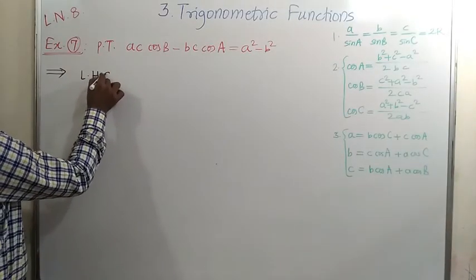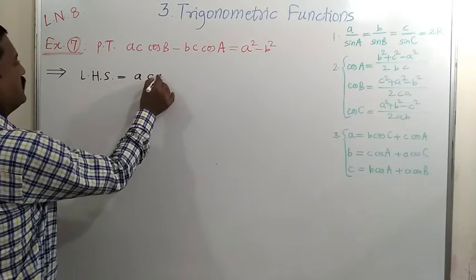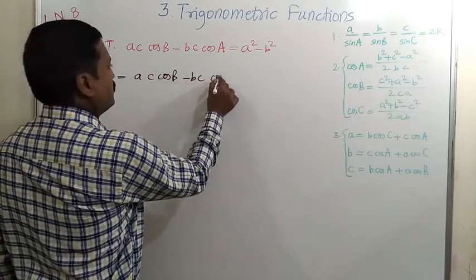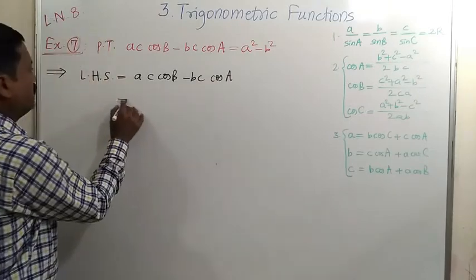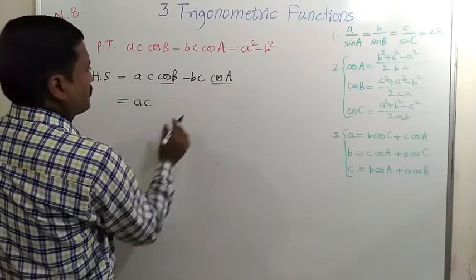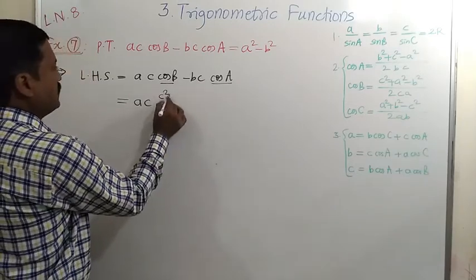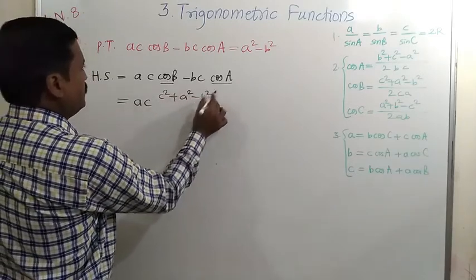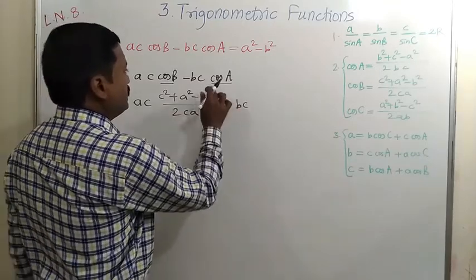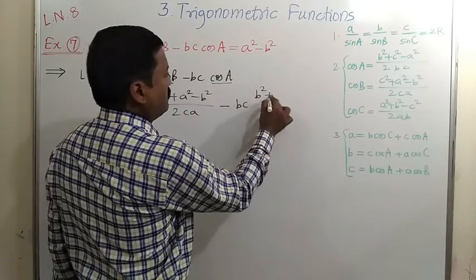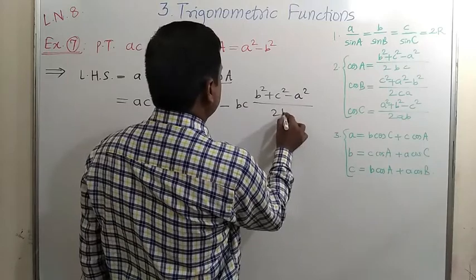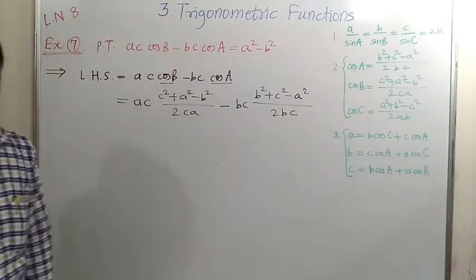So LHS is equal to AC cos B minus BC cos A. It is equal to A into C into cos B and cos A. Cos B is equal to C square plus A square minus B square upon twice CA minus BC into cos A, which is B square plus C square minus A square upon twice BC.